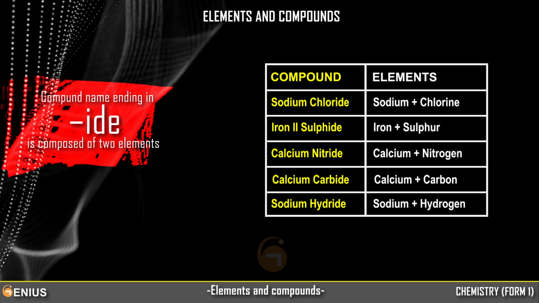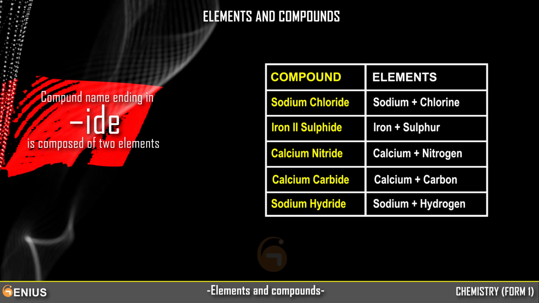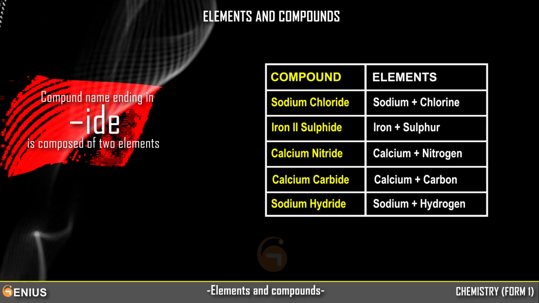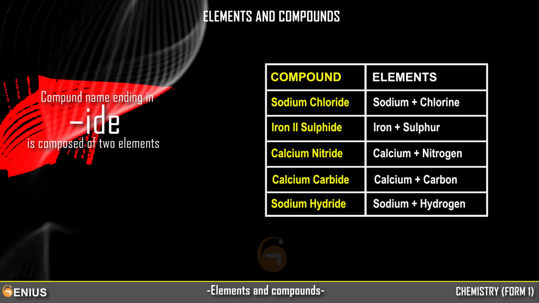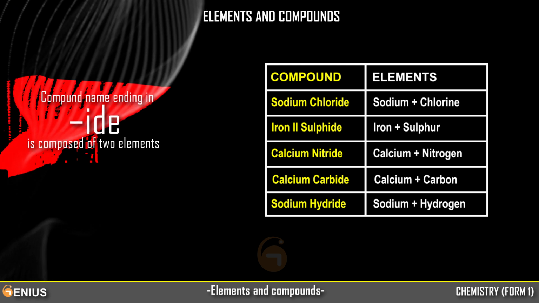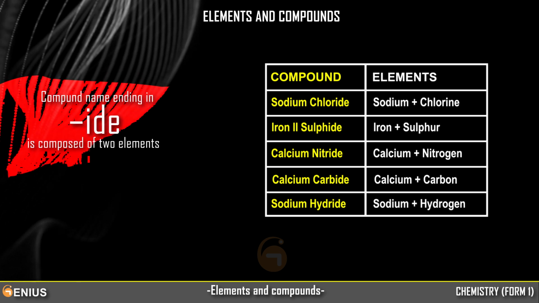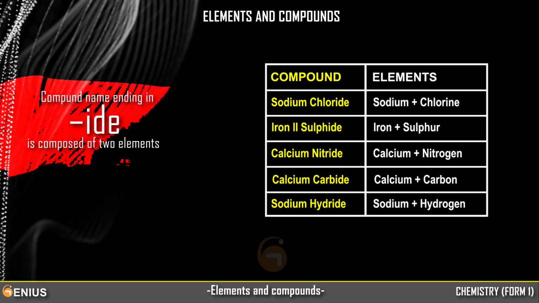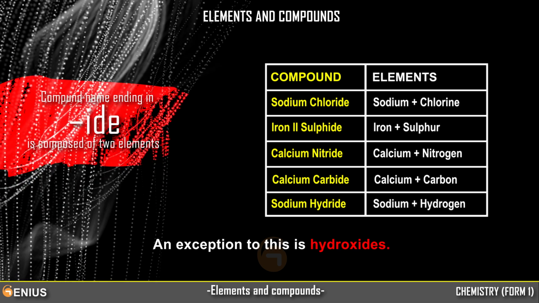Iron(II) sulfide is made up of iron and sulfur. Calcium nitride is made up of calcium and nitrogen. Calcium carbide is made up of calcium and carbon. Sodium hydride is made up of sodium and hydrogen. An exception to this is hydroxides.